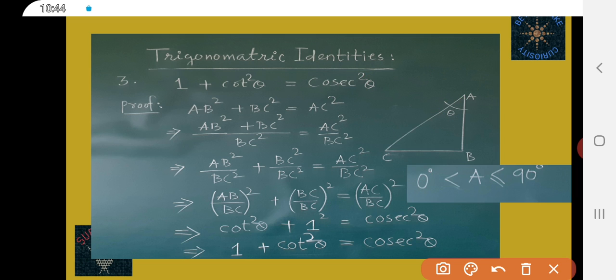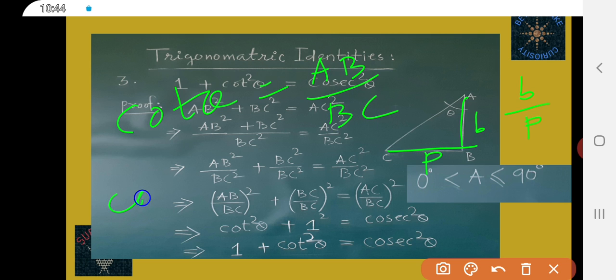And you know that cot theta is what? B by P. Here P is BC and B is AB. So B by P is AB by BC. And cosec theta, you know, is H by P. Here H is AC and P is BC.